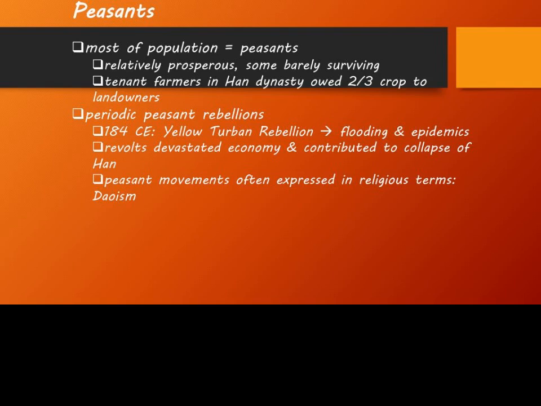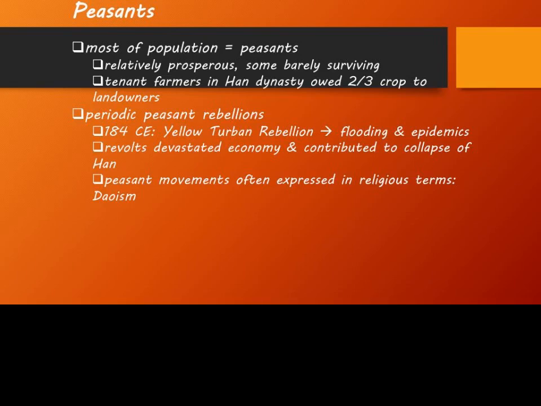It was provoked by flooding and epidemics. There was a series of floods and diseases. Wandering bands of peasants joined together, and they formed a pretty large popular movement that reached about 360,000 followers.